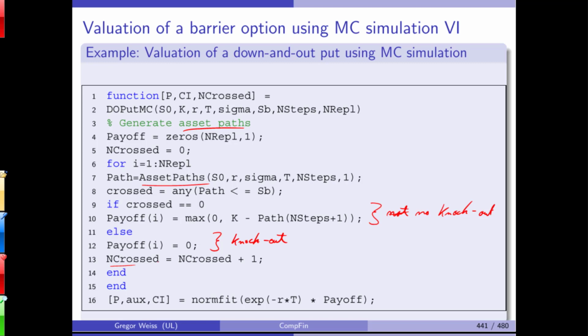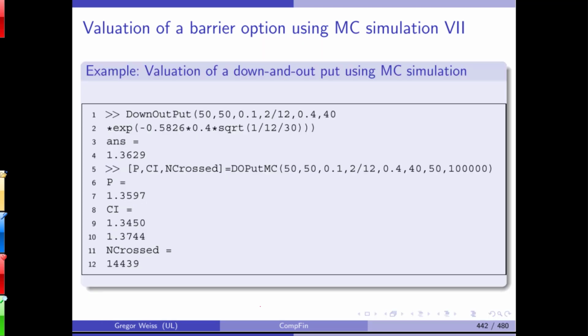And we calculate the number, we sum up the number of times for these replications that the option has been knocked out. Again, we do norm fit, payoff, discount factor, and we're done. And we now do the pricing.